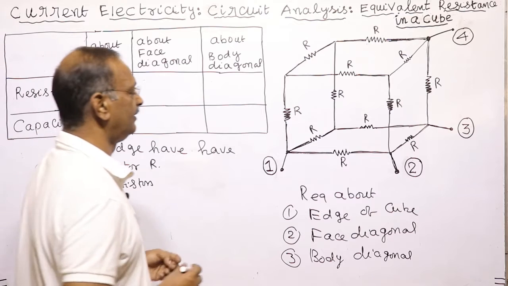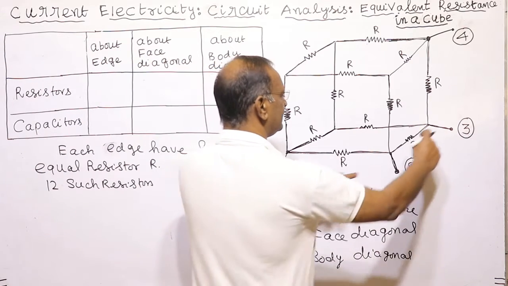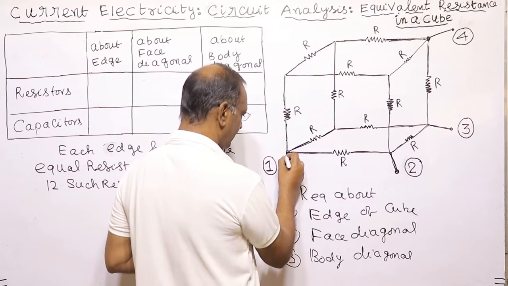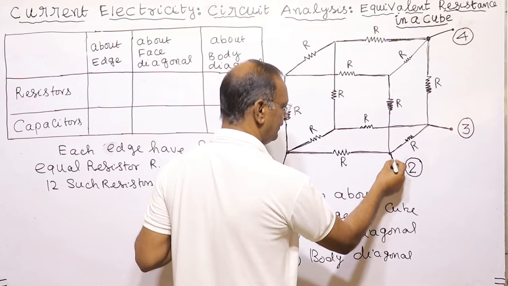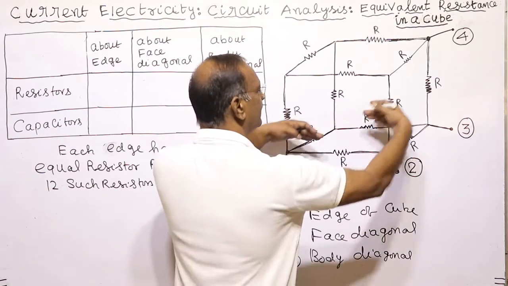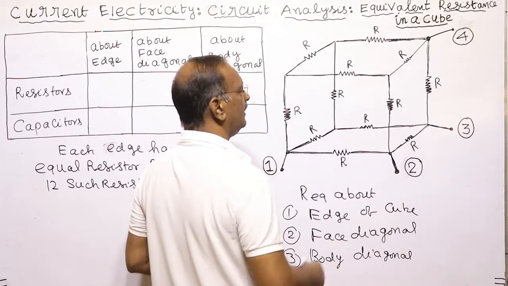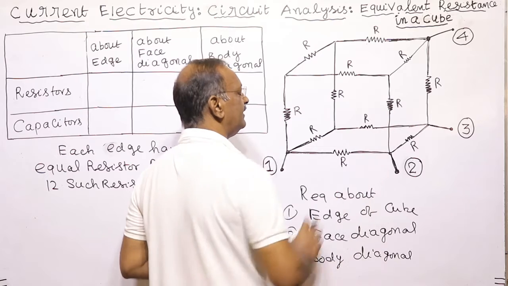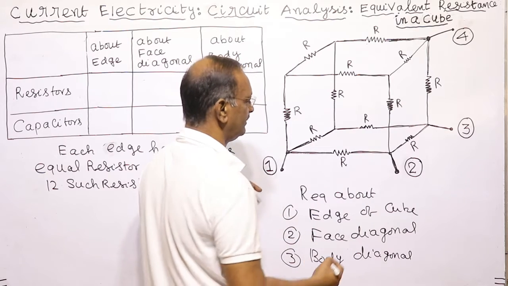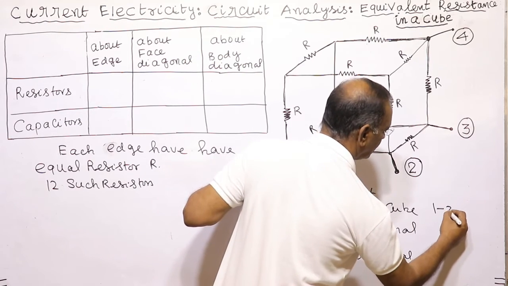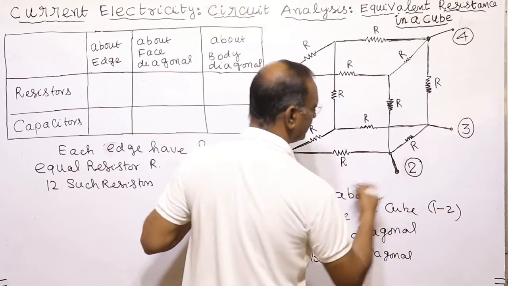See, the edge diagonal: this is an edge, this is an edge. Now we want to find out the resistance between this edge and this edge, removing all the resistors in the edges and making it equivalent, that is points 1 and 2, terminals 1 and 2.